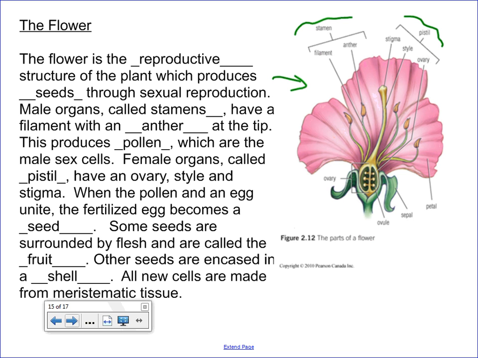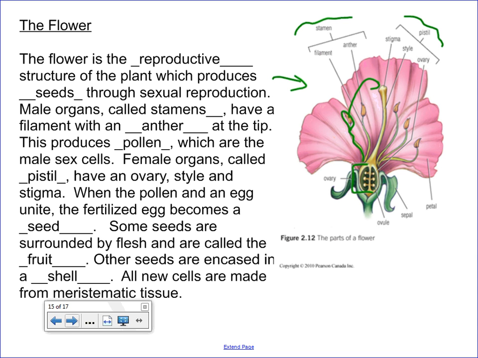We have the filament here, which holds the anther, which is where the pollen is contained. And then we have the stigma, and below it is the ovary where the eggs are contained. So basically that pollen needs to travel from the anther to the stigma and combine with the ovary to produce a seed.